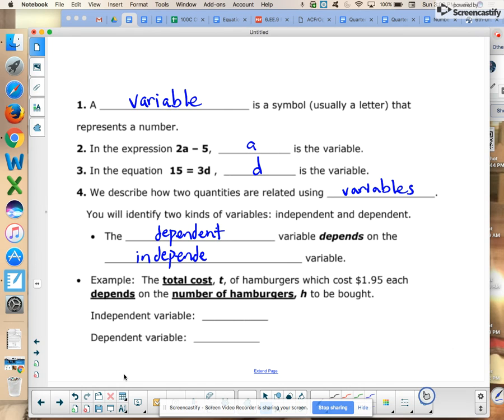Typically, we will use x as our independent variable, and y will be our dependent variable. So what we plug in for x tells us what we get for y. So y depends on x.